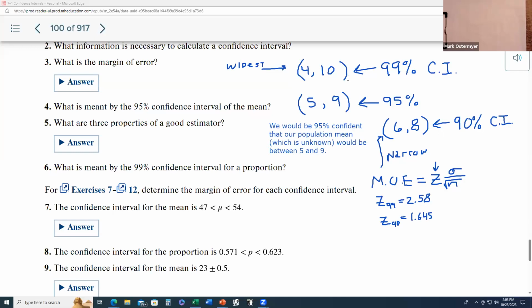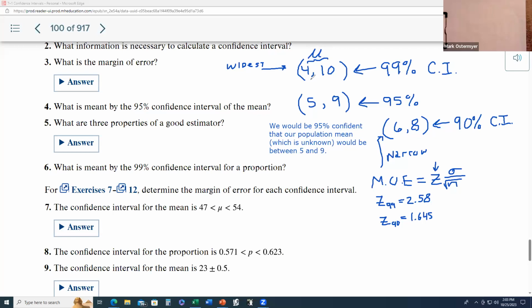What I'm saying, ladies and gentlemen, is that if we're trying to estimate the unknown population mean mu by using these confidence intervals here, which are formed by using our sample mean from a sample chosen from the parent population, for the 99% confidence interval, I'm 99% certain that mu is in this interval. So I'm 99% confident that our unknown population mean mu is somewhere in this interval here.